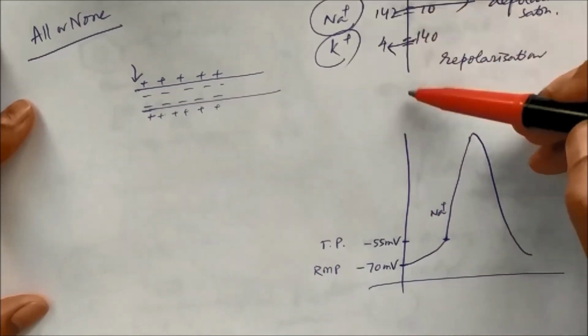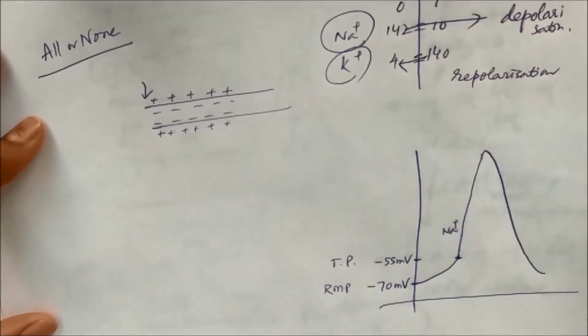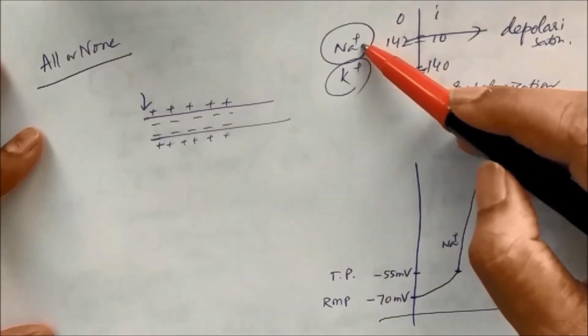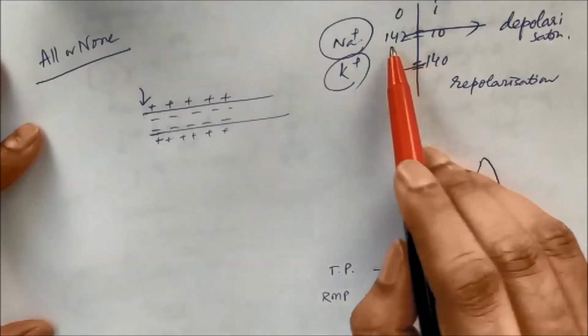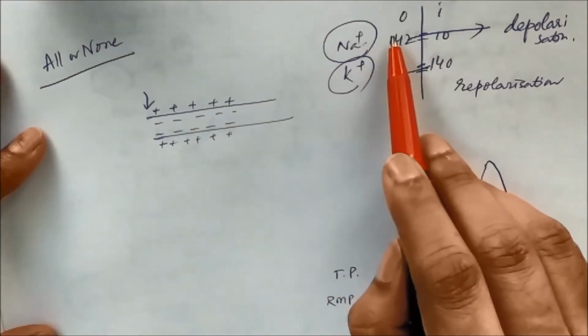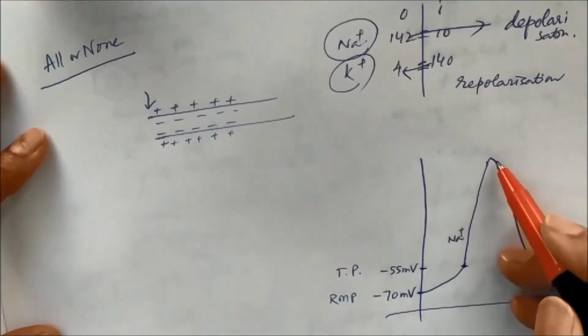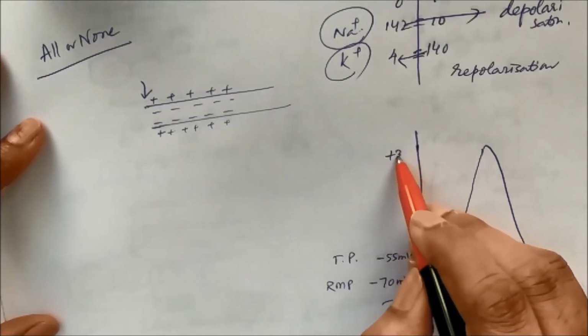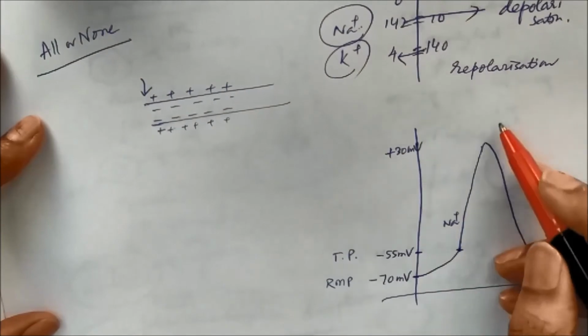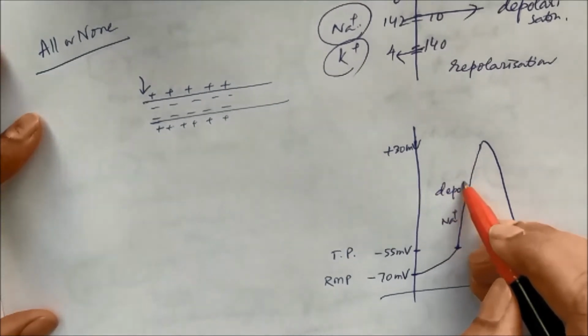We know that in neurons two ions are mainly present: sodium is the major extracellular ion and potassium is the major intracellular ion. So sodium moves inside, and the potential reaches about plus 30 millivolt. This phase is called depolarization.